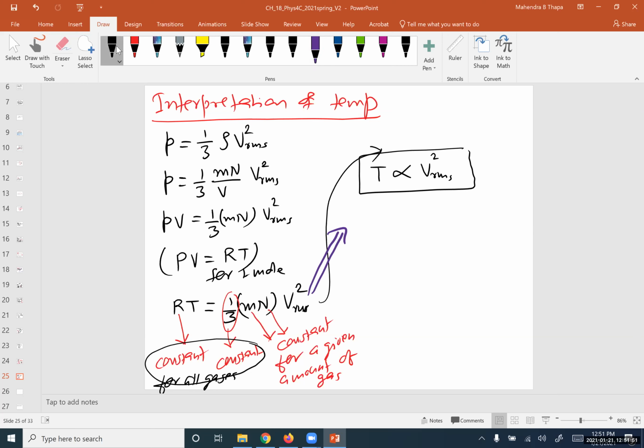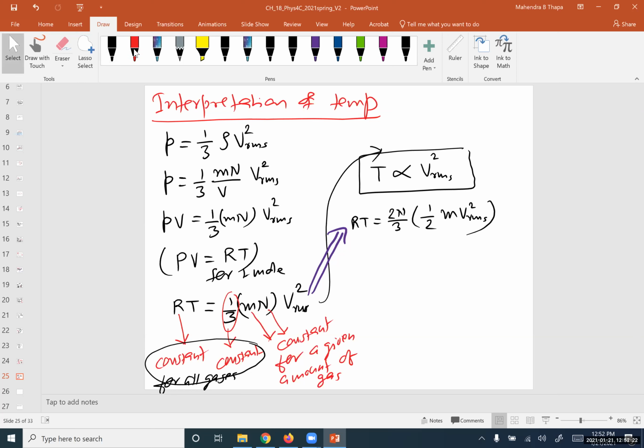Okay, so I will say RT equals, I'm just going to rearrange, I'll write 2n over 3 times half m v RMS squared. I just rearranged that equation.